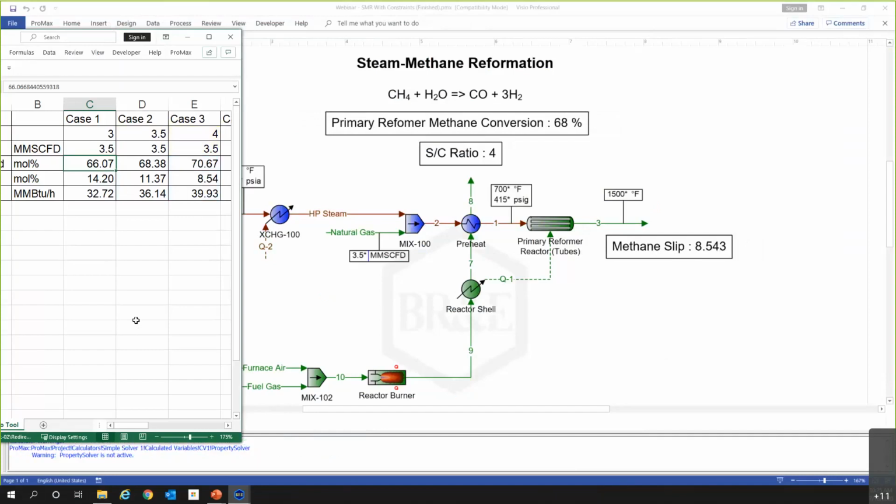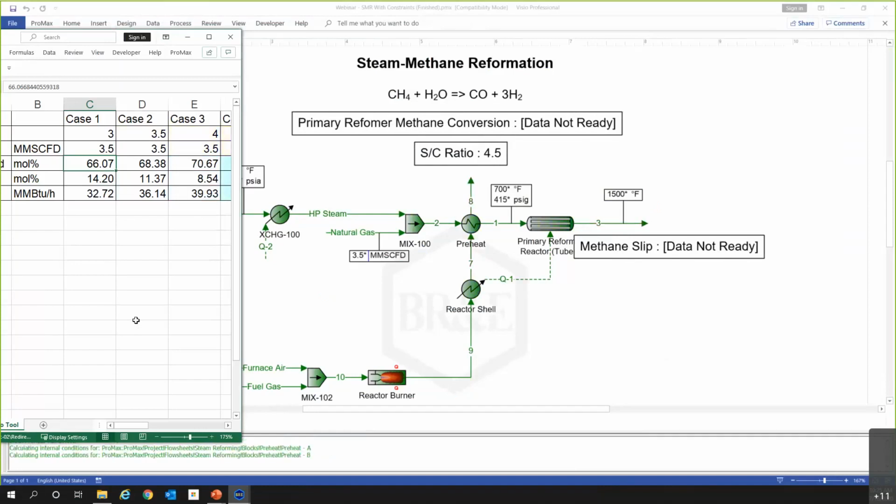So this is a very handy tool if there's ever different variables that you would like to see displayed. Let's say maybe your natural gas flow rate is going to be varying and you want to see how low you could get, or maybe how much more natural gas you can take, and see how that's going to affect your slip or your duty requirements.